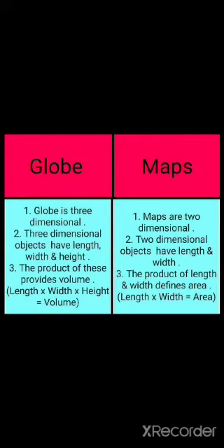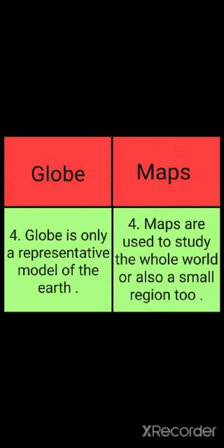That way the product of the length and width defines area. The map is also the same, the length and width define area. That way the product of the length, width and height provides us volume. This way you can define the difference between globes and maps.